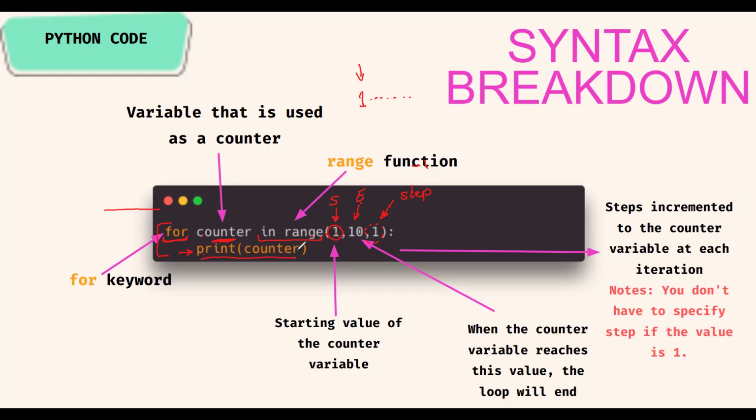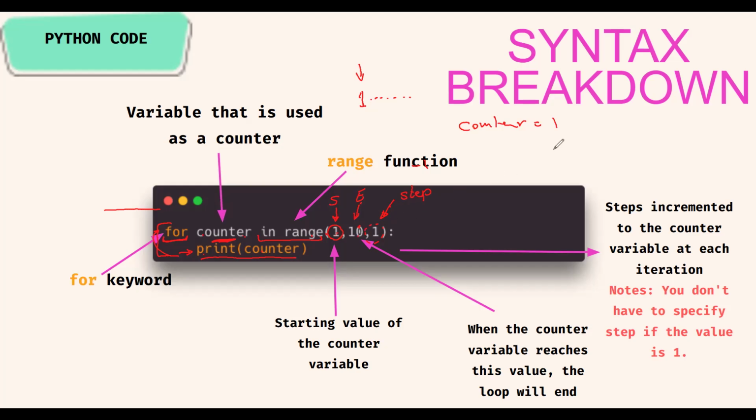After we print this variable, we will go up and check, did we reach the end or not? If we did not reach the end, which is 10, what value does the counter have? If it's starting from 1, the counter value is actually equal to 1. So does it reach 10?